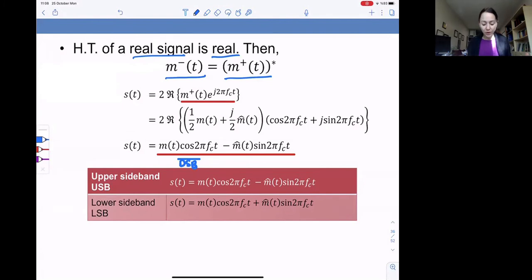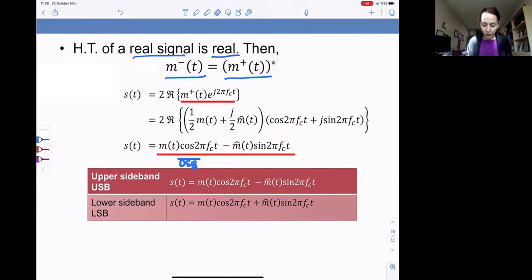So we are doing something quite interesting. We are removing the unnecessary information that is transmitted. Essentially, the resulting signal is still real. We've gone through some complex analysis to get here, but the resulting transmitted signal is still real.